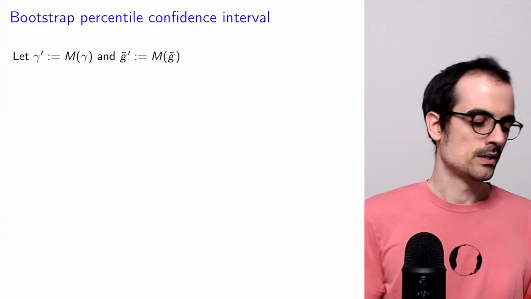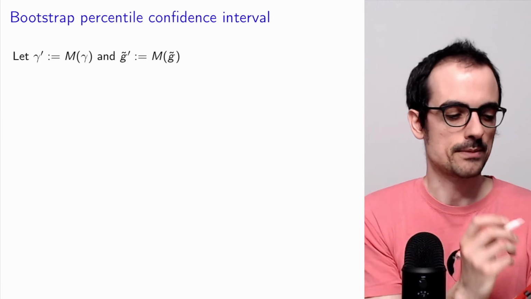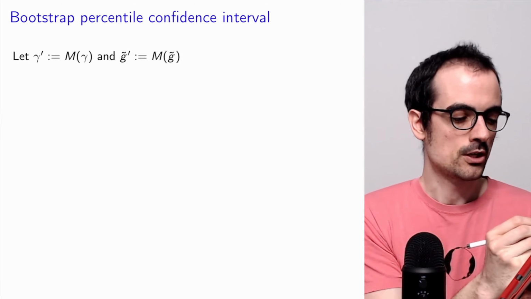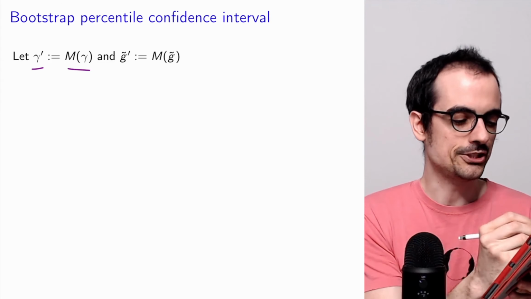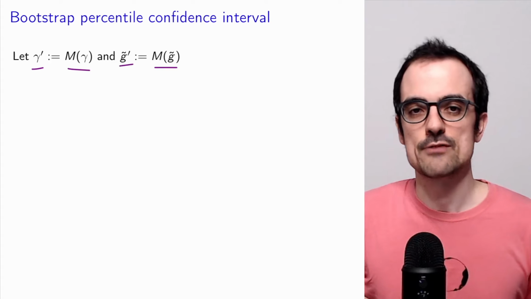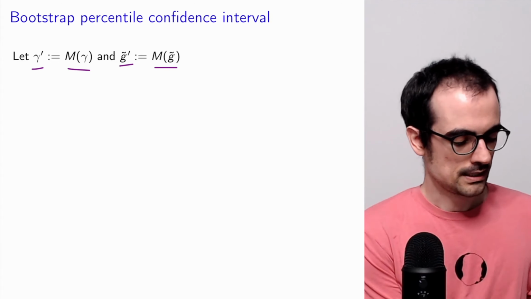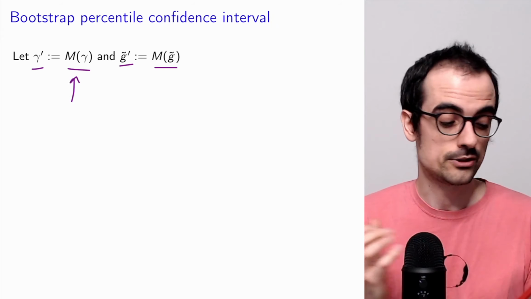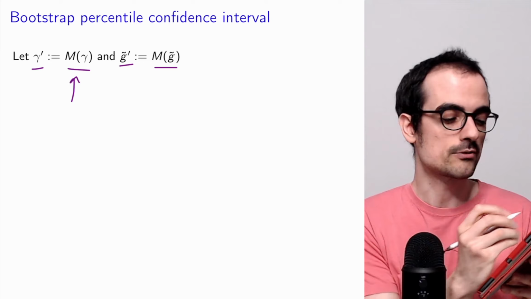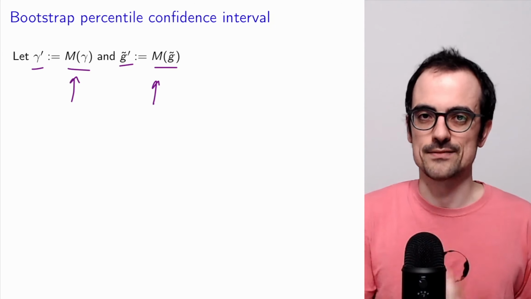Okay, great. So now let's see what we can show about the percentile confidence intervals. Let's define gamma prime as m of gamma and g prime as m of g. And remember that these are the centers of the population distribution and the estimator distribution once we apply the monotonic transformation. And this is the center where we condition on a specific set of samples.